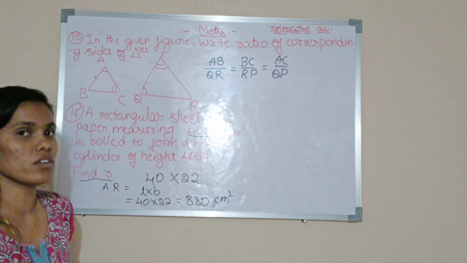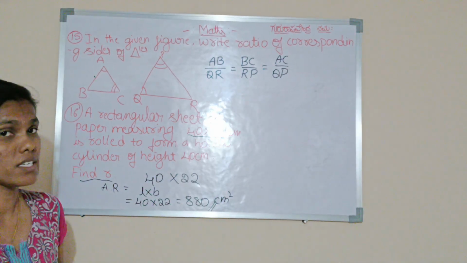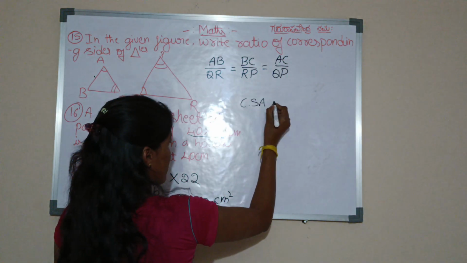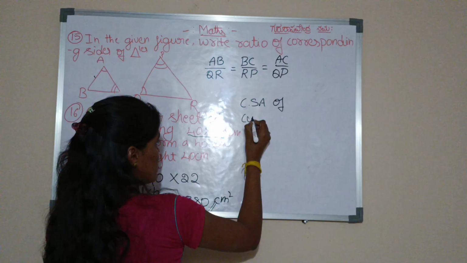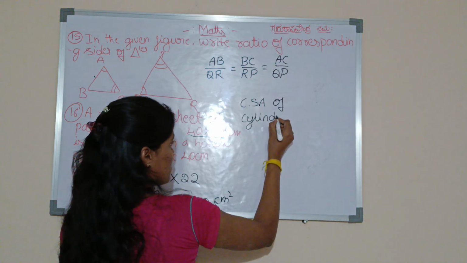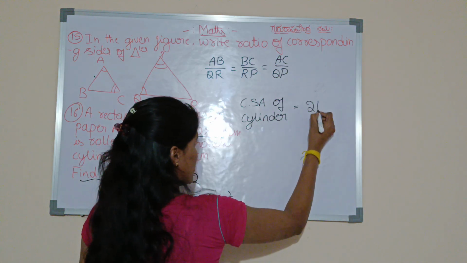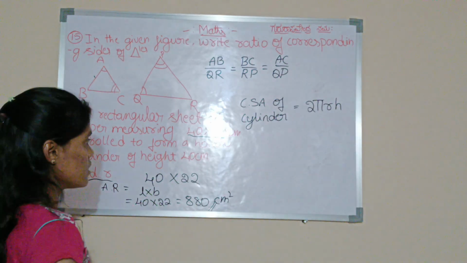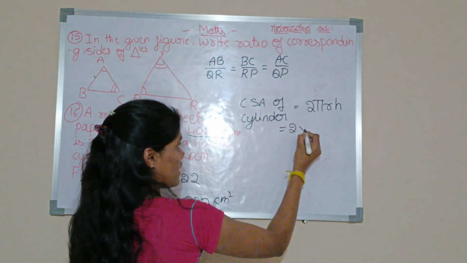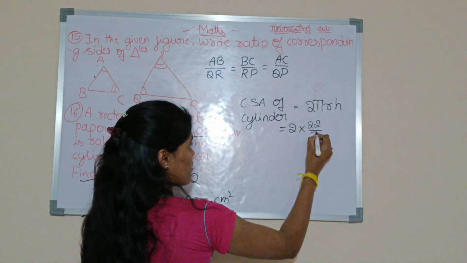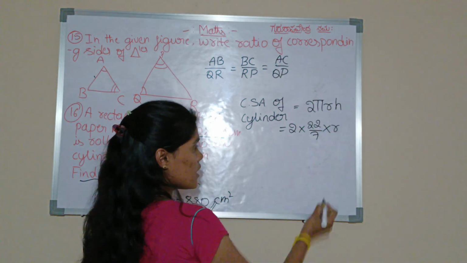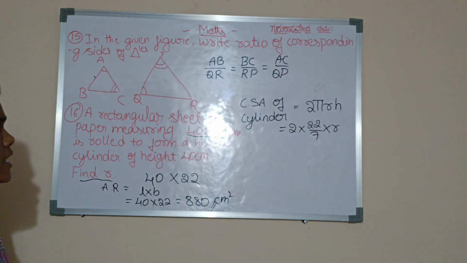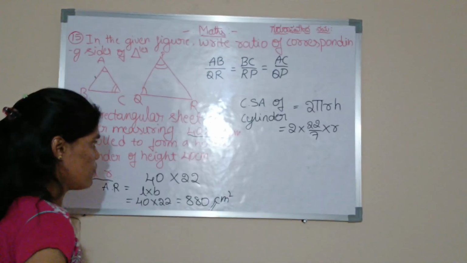What is the formula for the curved surface area of a cylinder? That is 2 pi RH. You have to remember that formula. 2 into pi value 22 by 7. We don't know the R value, so write R. For H, take the height as the length, that is 40.